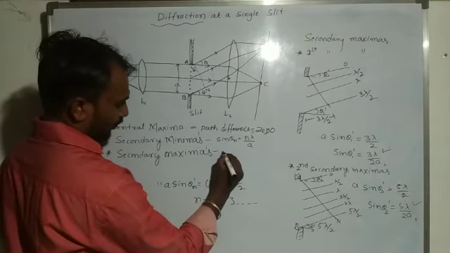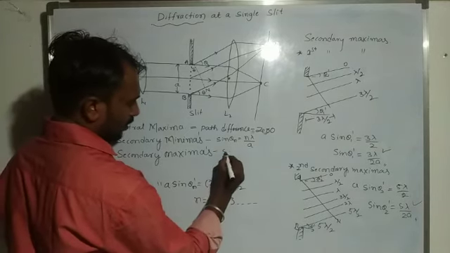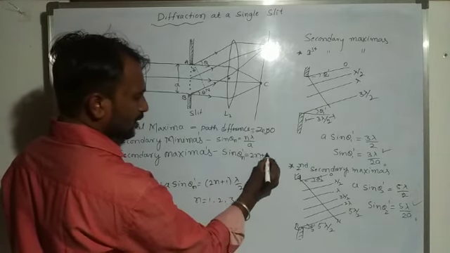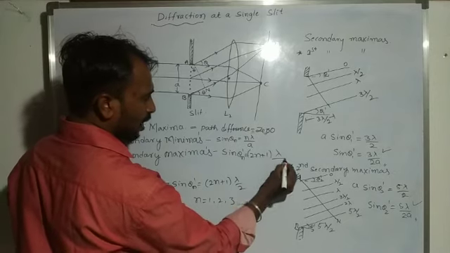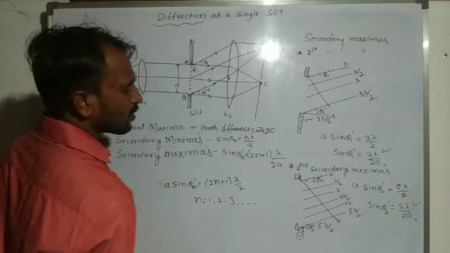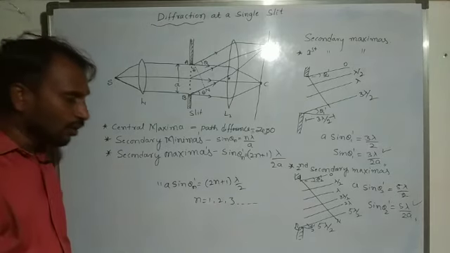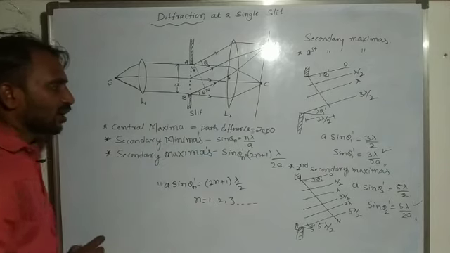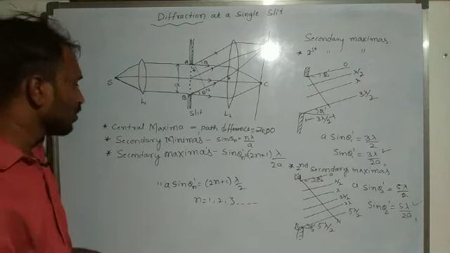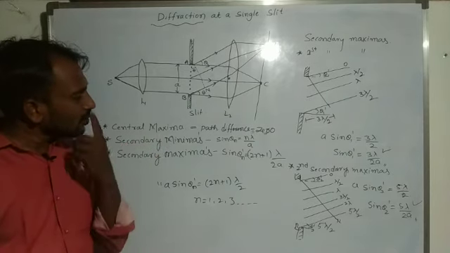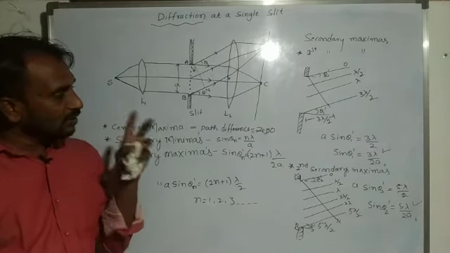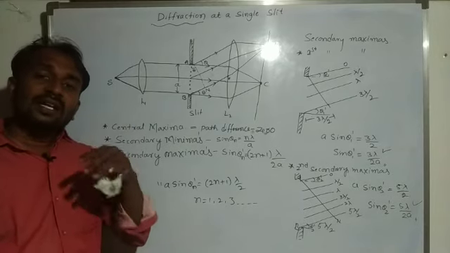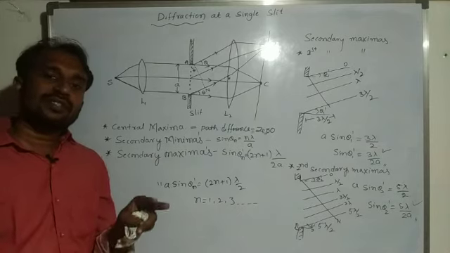For this reason, sine theta n dash is equal to 2n plus 1 lambda divided by 2a. This is the general formula for secondary maxima. For secondary minimas and central maxima: in central maxima the path difference is 0, and in secondary minimas, for the first secondary minima the path difference is lambda and for the second secondary minima the path difference is 2 lambda.